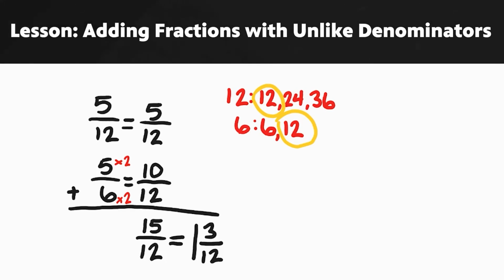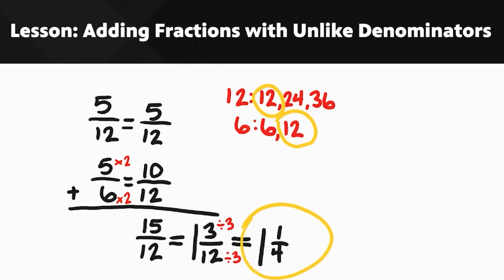Are they part of the same multiplication family? Yes, they are. So we need to simplify. Let's divide each of those numbers by their greatest common factor. And 3 and 12 are both part of the times 3's. So now we're at 1 and 1/4 as our final answer.